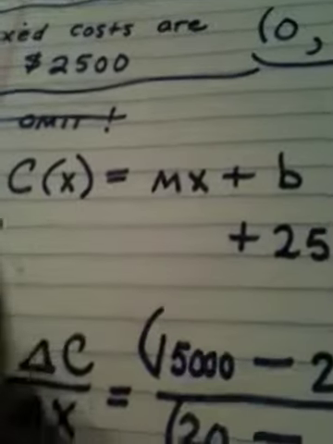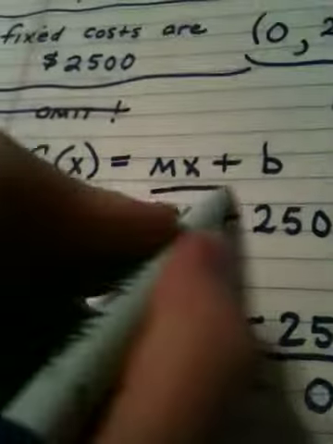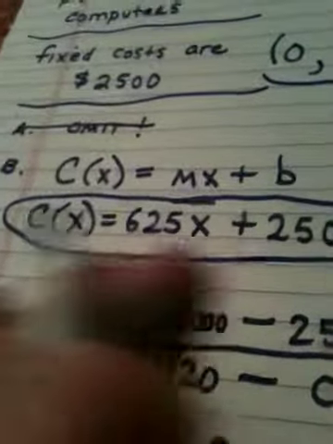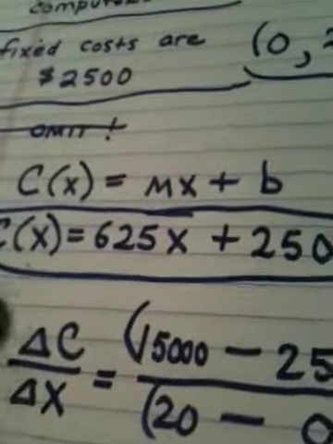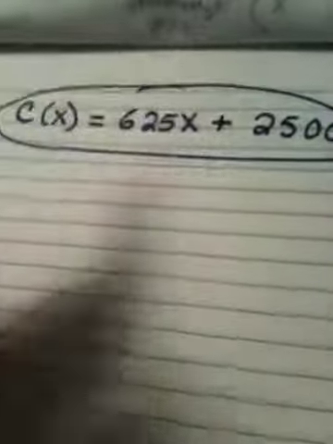So C of X is equal to 625X plus 2,500. This is referred to as my cost function. Let me write it again on the back page. So my answer to part B, C of X, the cost to produce X computers, is 625X plus 2,500. That is the answer to part B. That is my cost function.